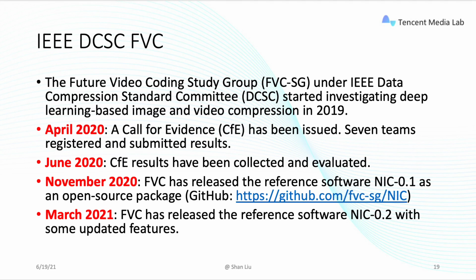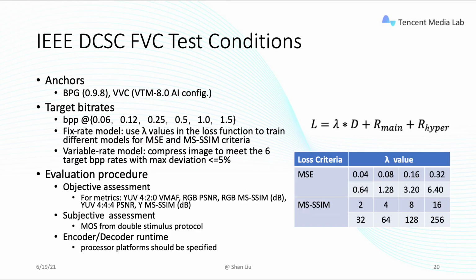In the meantime, the Future Video Coding Study Group under the IEEE Data Compression Standards Committee has also started investigating learning-based image and video compression in around 2019. Similar to JPEG and JVET, the Future Video Coding Study Group also has its own test conditions, training, validation, and test data sets, as well as evaluation procedure.